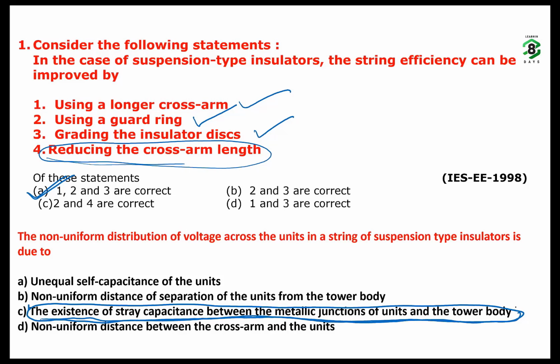So it is not unequal self-capacitances. It is not non-uniform distance of separation; the distance of units from the tower body will be constant. So the existence of stray capacitance between metallic pin junction and the tower is the main reason for the non-uniform voltage distribution in the string of insulators. Why? Because there are capacitive leakage currents. Because of these capacitive leakage currents only, the voltage distribution is non-uniform. The reason for capacitive leakage currents is the existence of shunt or stray capacitance between metallic pin junction and the tower body.